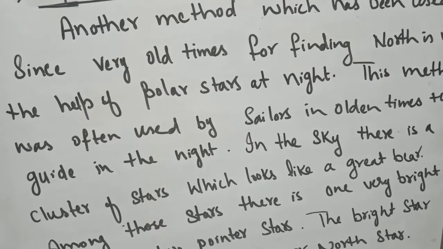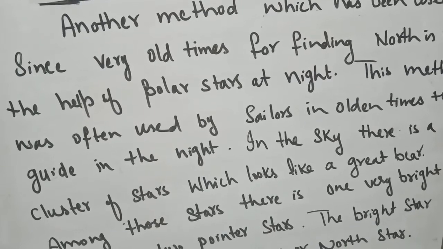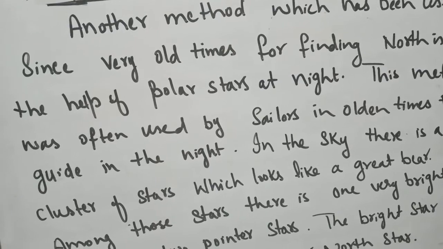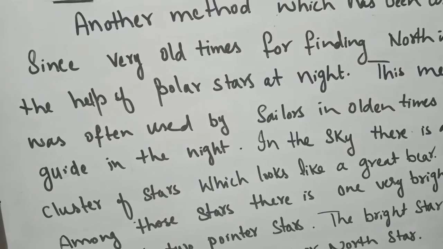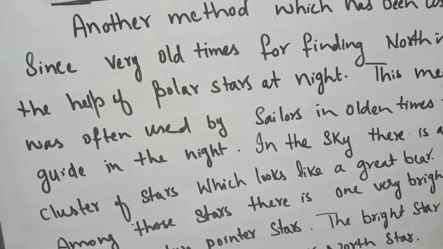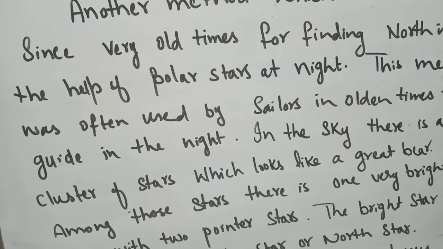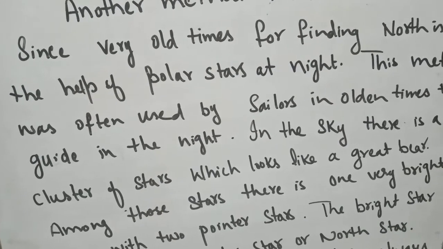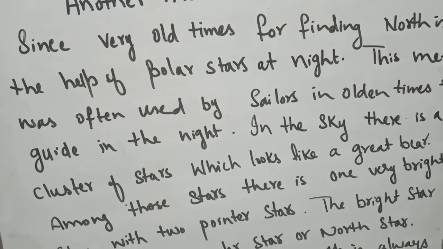It is based on observation and the clarity of the clouds. So the months from February onward, like March or April, are the months when anybody can see the cluster of stars which resembles the great bear.